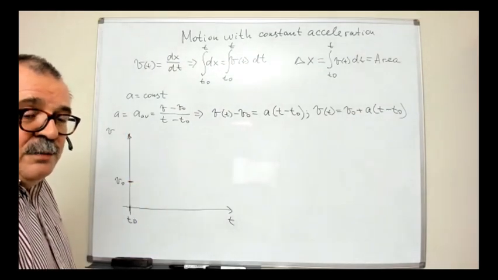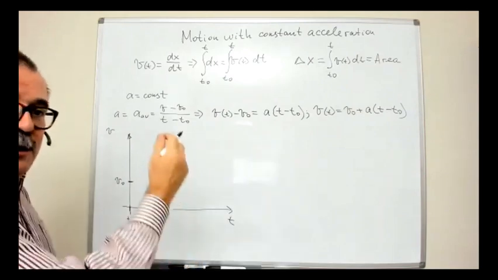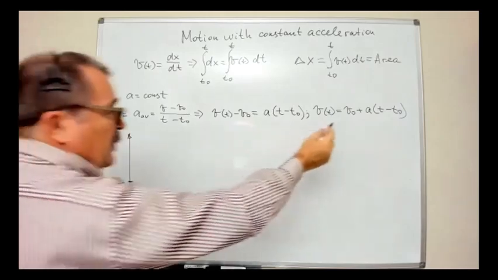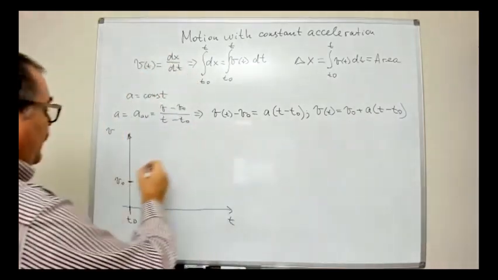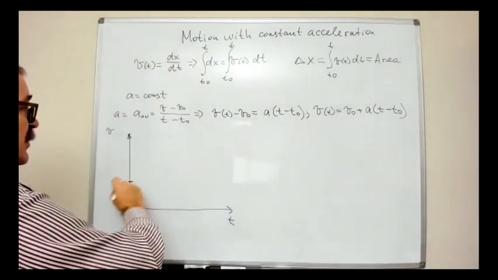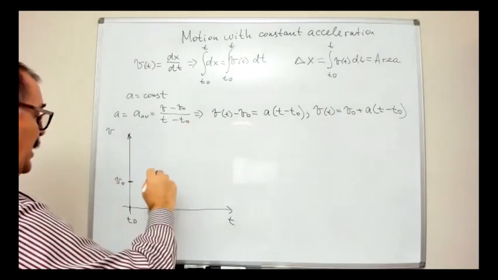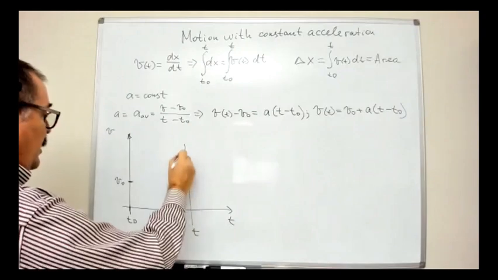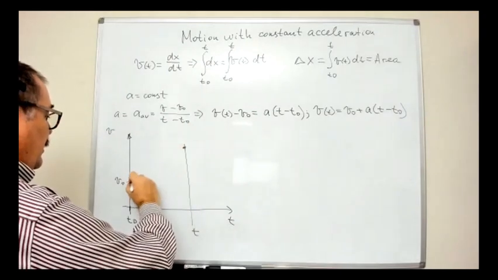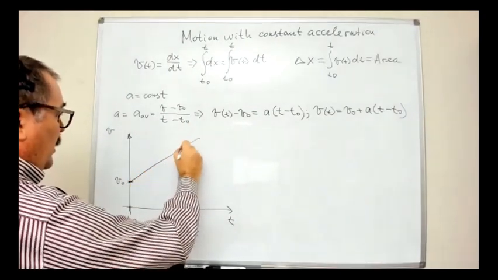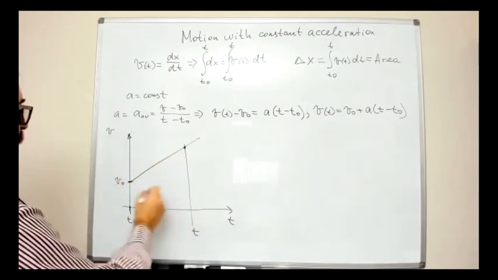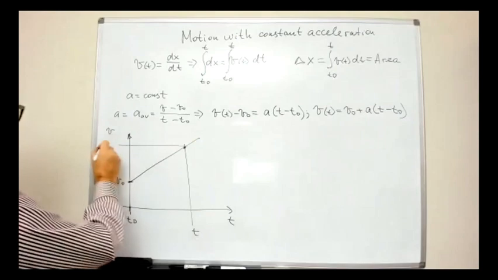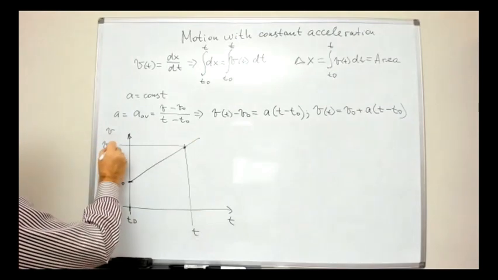In the general case, acceleration can be negative, so velocity will decrease in time. But let me consider a to be positive. So in that case, velocity will uniformly increase in time. And at the moment t, I will have this velocity. And this is a straight line from velocity v0 to velocity v at moment t.